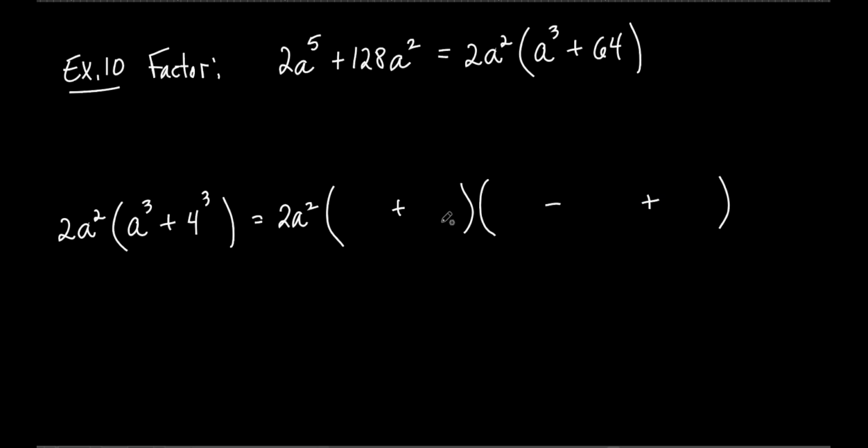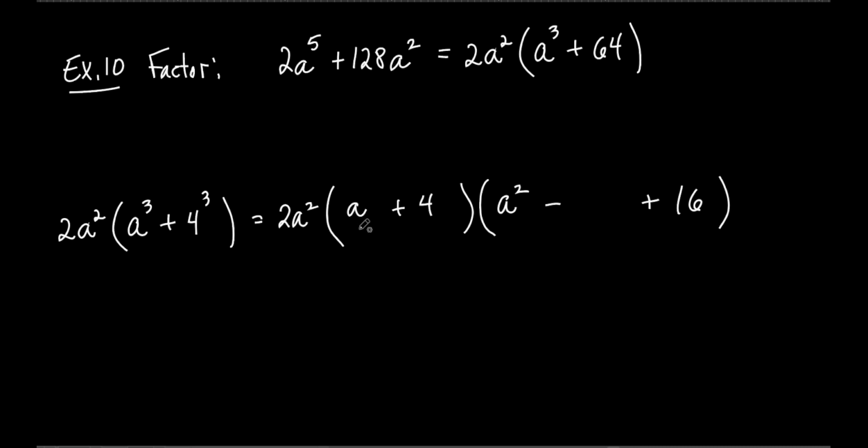And what goes here and here? Well, whatever's being cubed. What's being cubed? Just the a is being cubed right here. And what's being cubed right here? A 4. So we put a 4 there. And now we do the first and the last by squaring. So we take that first one, we square it, we get a squared. Take the second one and you square it, and you get 16. We put that there and there.